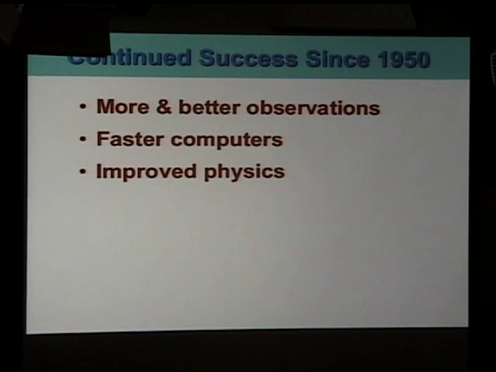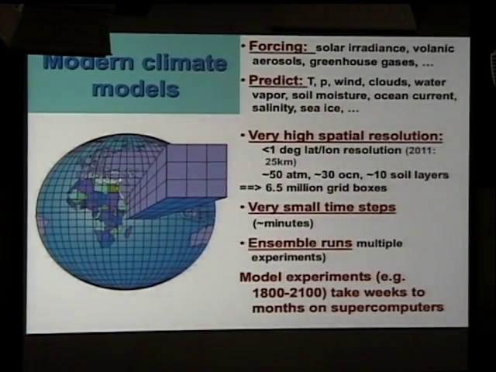Obviously, since the 1950s, we've got better observations, faster computers, and improved physics. In modern climate models, we divide the world into a huge number of grids, and then we specify the solar irradiance at the top of the atmosphere. We have volcanic aerosols and greenhouse gases.